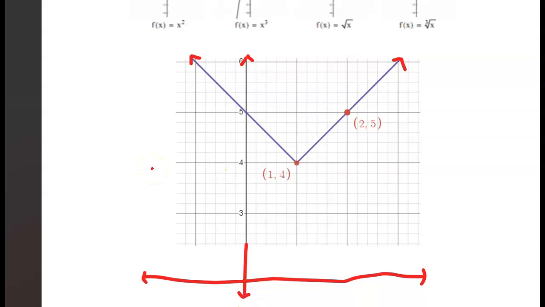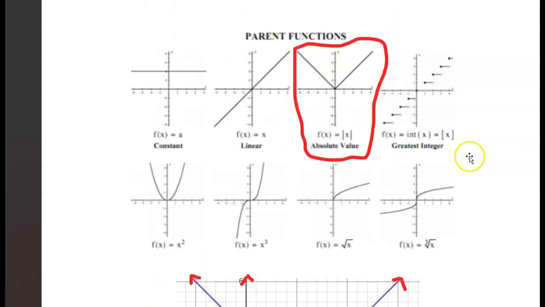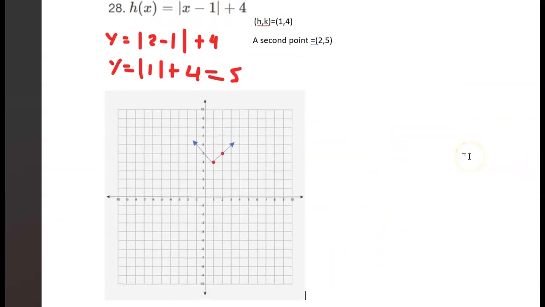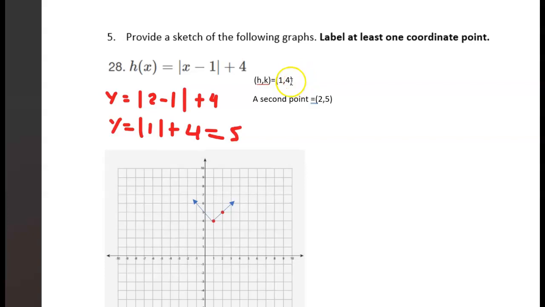Okay, that's actually it for this one. For this particular graph, I just want a basic V, and as long as you label one coordinate point, which in this case is the vertex, that will be sufficient for your sketch.